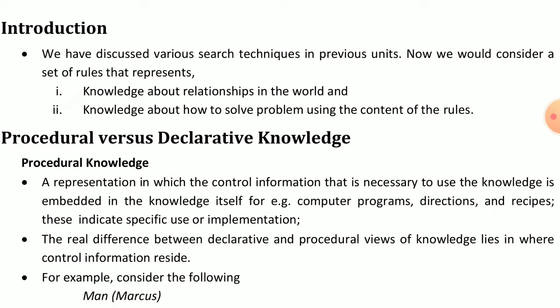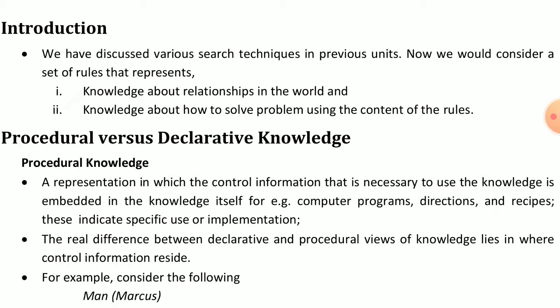We have discussed various search techniques in previous chapters. Now we want to consider a set of rules for representing, first, knowledge about relationships in the world, and knowledge about how to solve problems using the content of the rules.